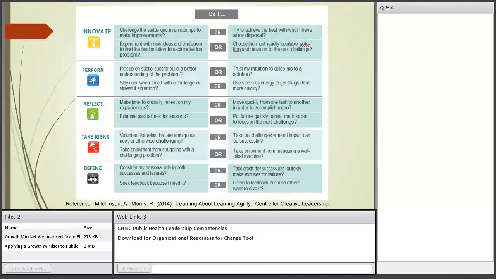The preface I want to give here is that you're not going to be all left side or all right side, and I'll speak to that in detail in a few moments. You're going to fall somewhere, with some characteristics of learning agility where you are less agile as a learner and some things that are good about you.